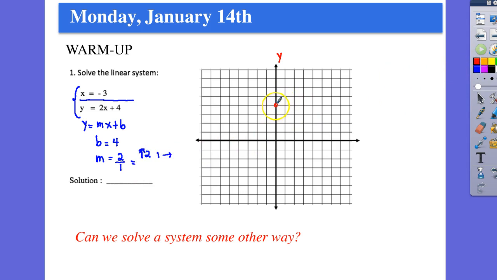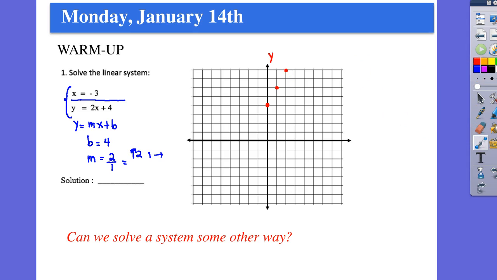So from your b value, you're going to move up 2, 1 to the right. And you can do that one more time so your line will be more precise. So up 2, 1 to the right. Once you have your points, go ahead and connect those points so you can draw your line.